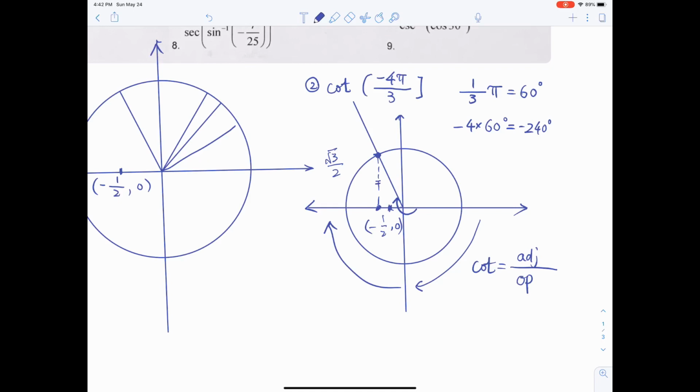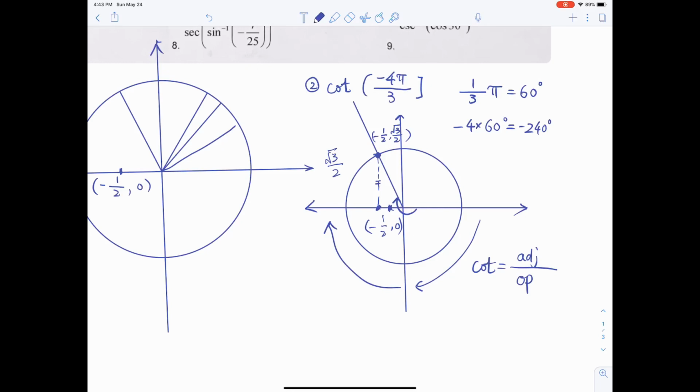The x value is negative half, and the y value is root 3 over 2.